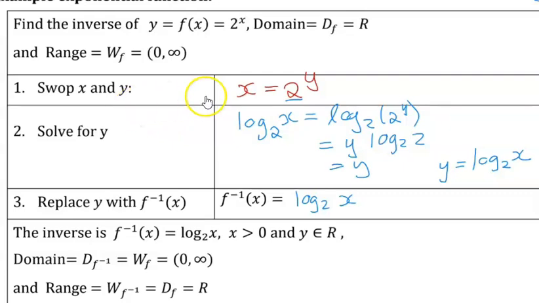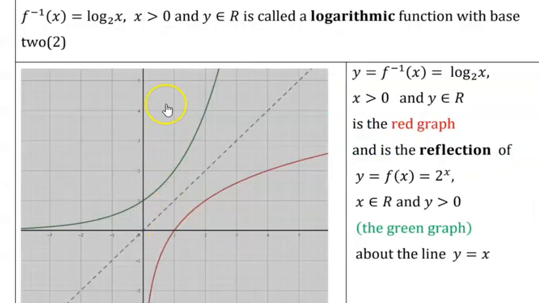Again, because we swap the x and y, we get the mirror image in the line y equal to x. This new inverse function is called the logarithmic function. You will encounter it a lot. The one that you most commonly encounter is log base 10, and on your calculator you just have log, and then we assume that the base is 10.